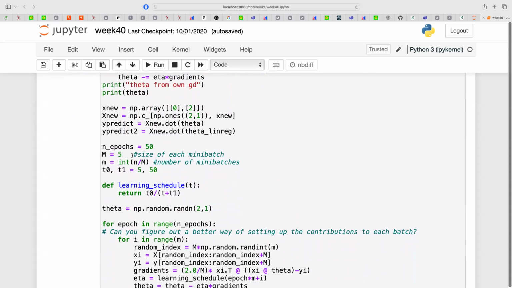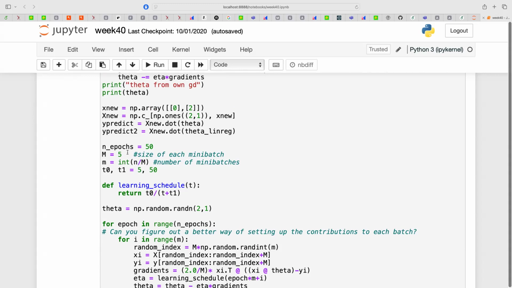And now we define something which is called an epoch. This is the number of times we rerun this experiment. Every time we do a mini batch, this is less expensive than calculating the full gradient. But since you're doing this in a stochastic way, we need to repeat these experiments.